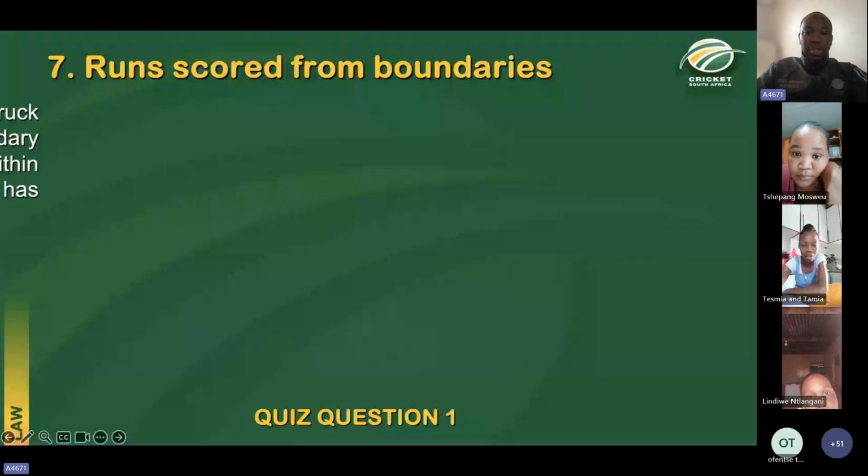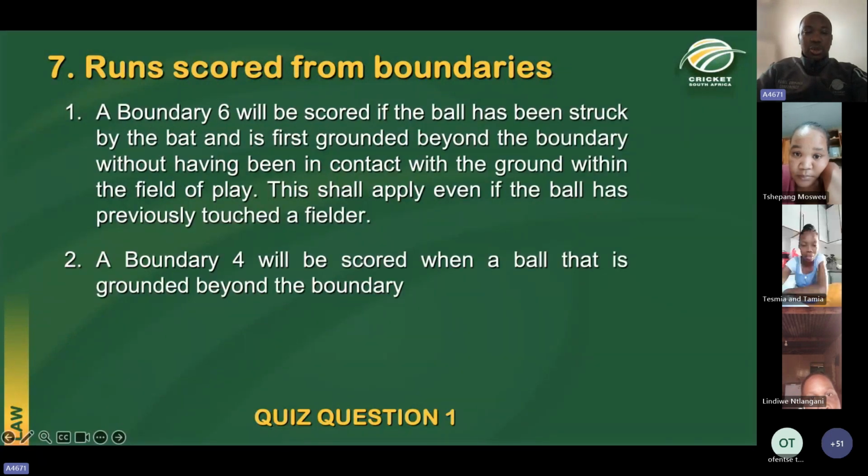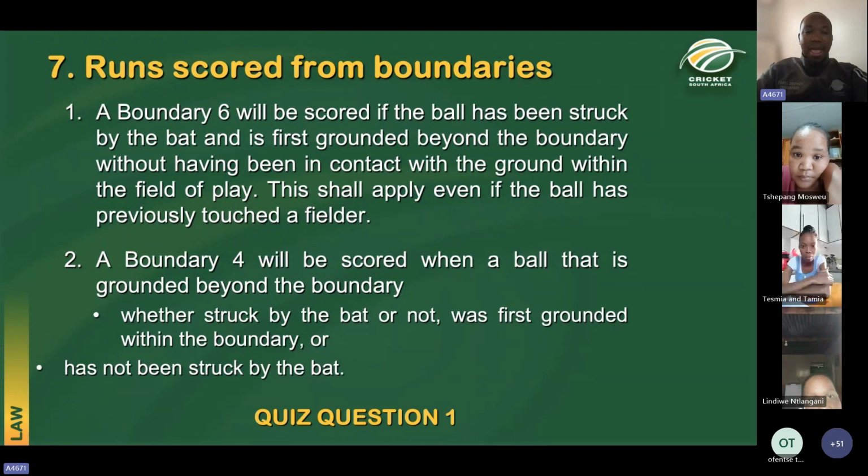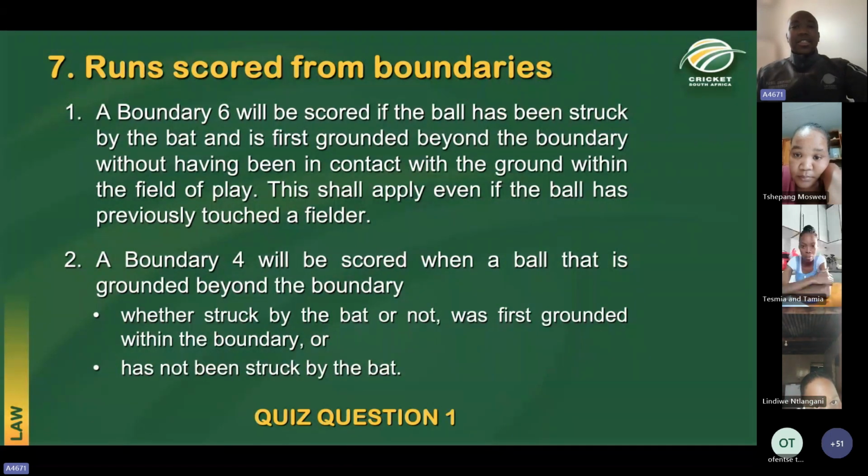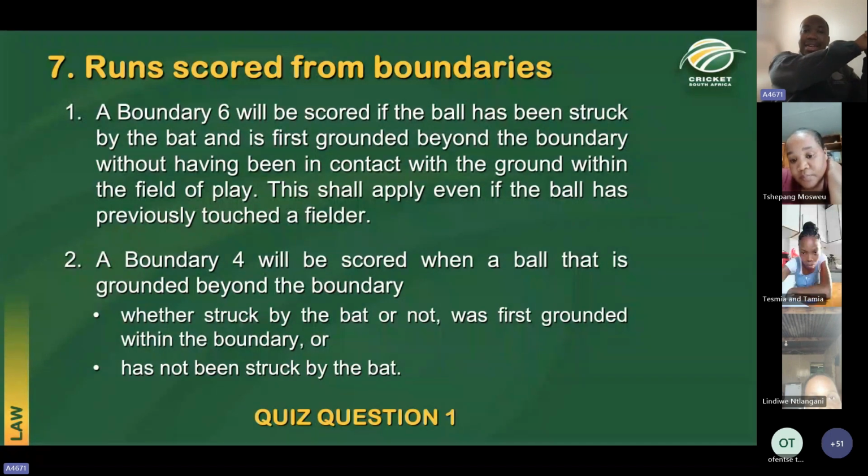So the first quiz question I asked you was to do with a bouncer being bowled by a fast bowler. And this bouncer bounces once and goes sharply towards the striker's head.